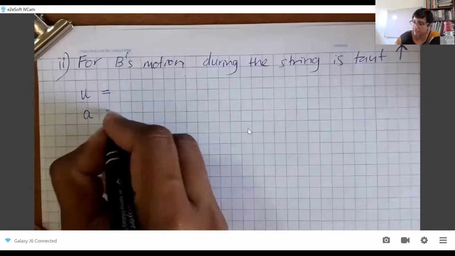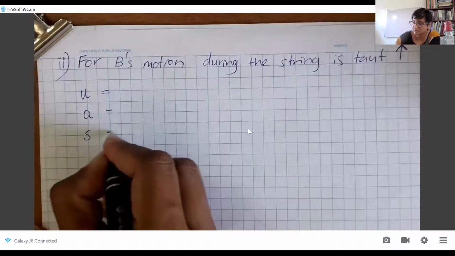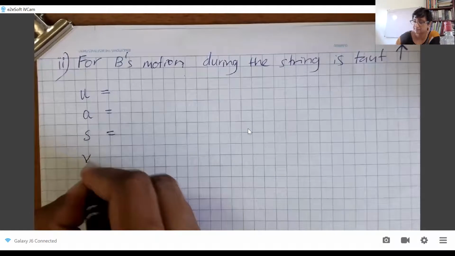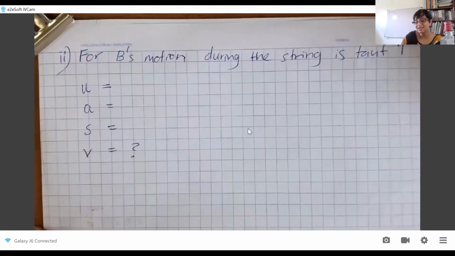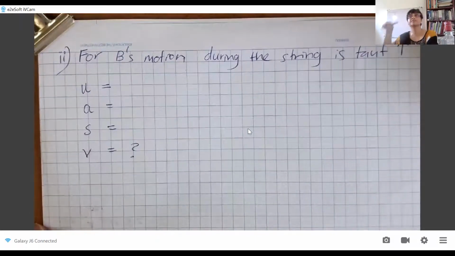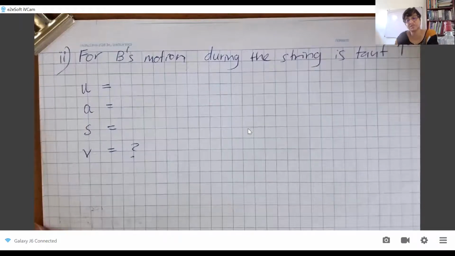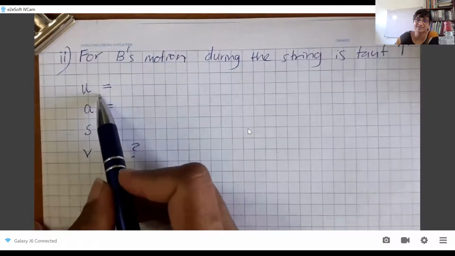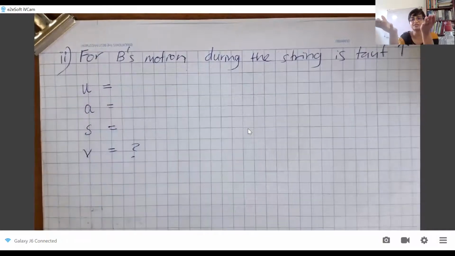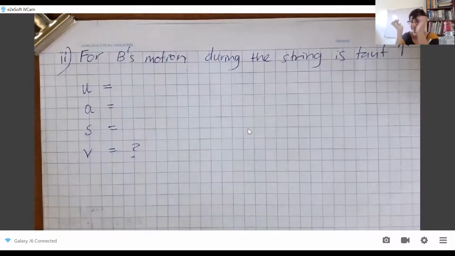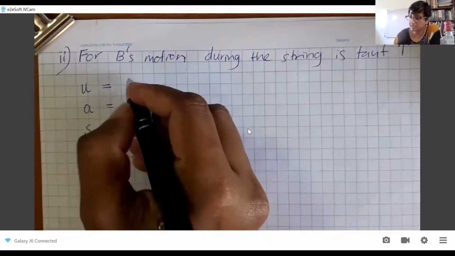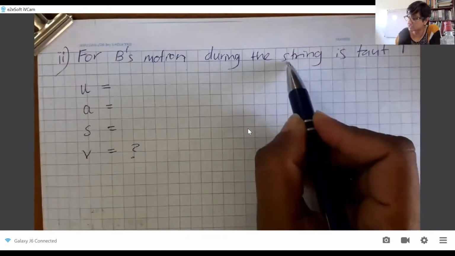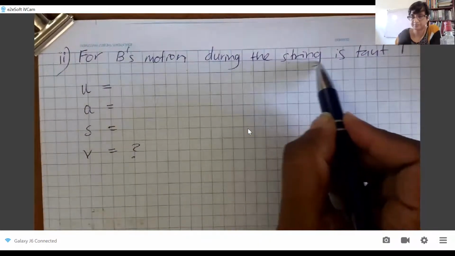We know A, we know S. We want to find V for that, because that V would be U for the rest of the motion when the string is slack. How did they start? They started at rest. You released the system from rest. So the initial speed of B for this motion when the string is taut is 0.